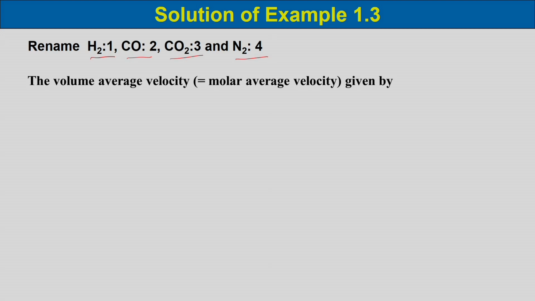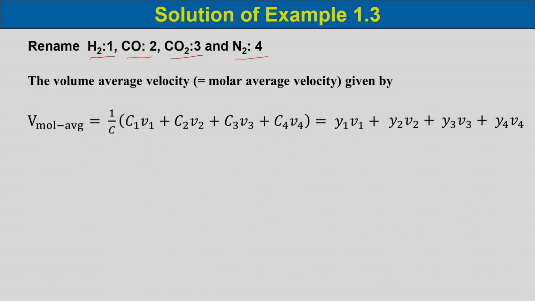The volume average velocity, which can be related to the molar average velocity, is given by V mole average equal to 1 by total concentration into C 1 V 1 plus C 2 V 2 plus C 3 V 3 plus C 4 V 4.